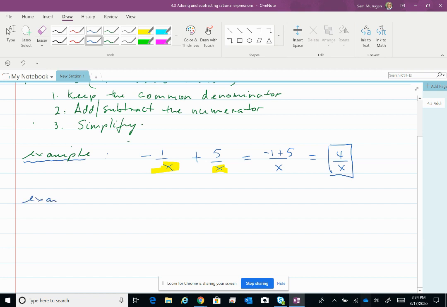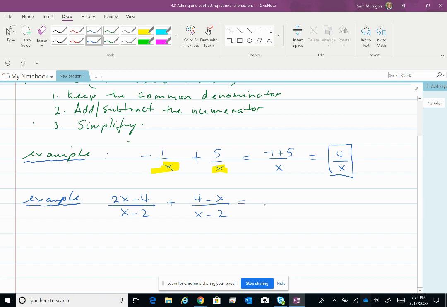Example. We've got 2x minus 4 over x minus 2 plus 4 minus x over x minus 2.